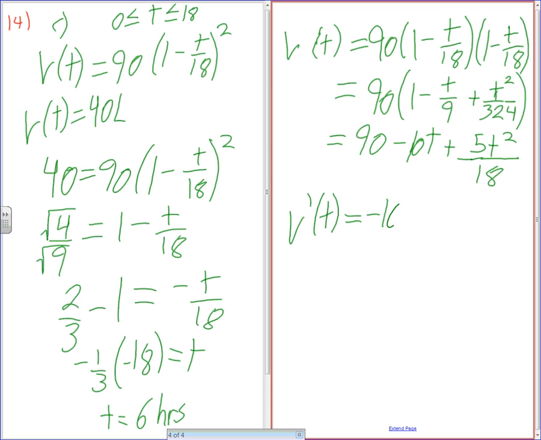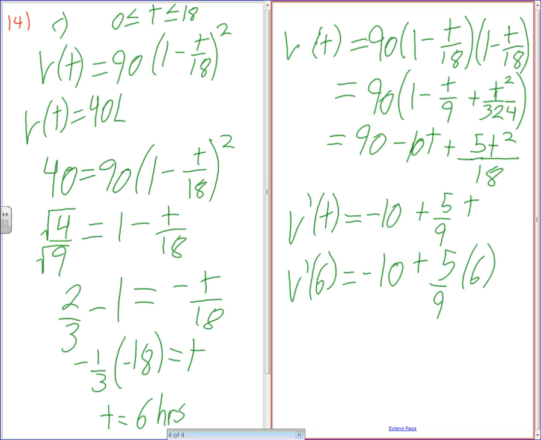Yeah, 90's gone. So negative 10. Yep, plus 5 over 9 t. Okay. Now, we know that we're checking at 6 hours, so what did we do there? Yep. So V prime of 6 is negative 10 plus 5 over 9 times 6. You just want to put the numerator on.